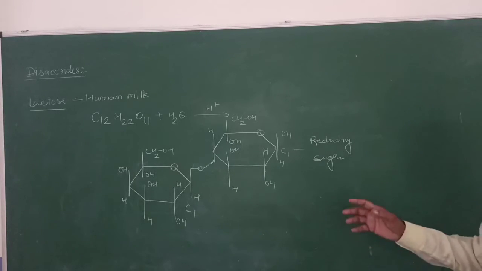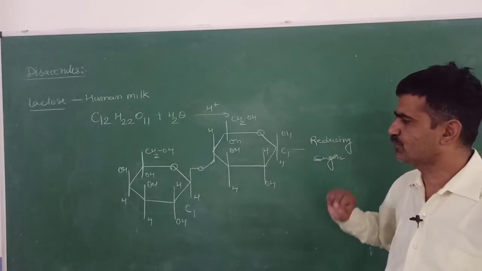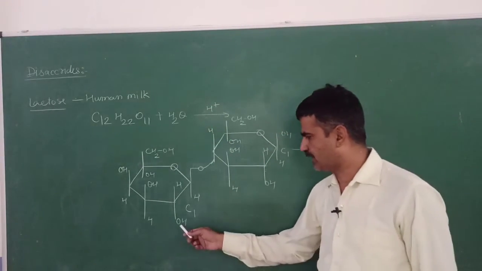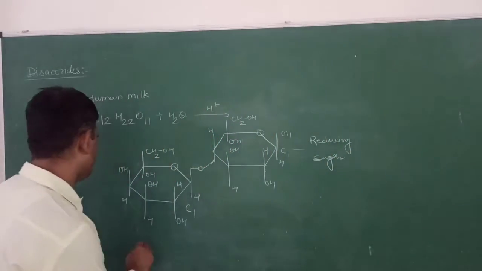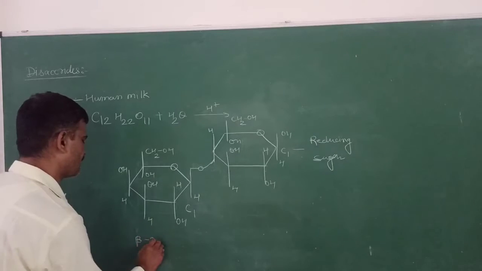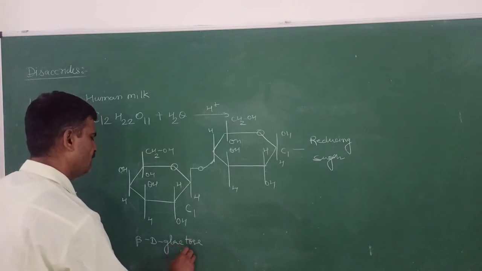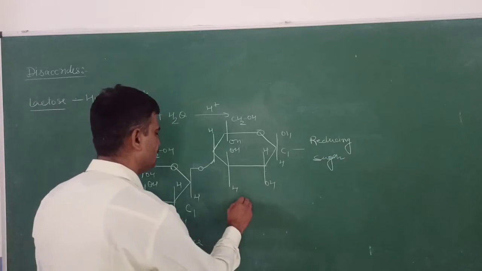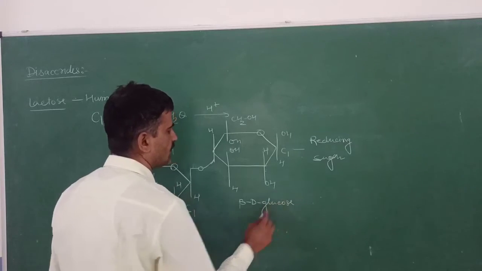The lactose sugar is found in human milk, and it is hydrolyzed to give beta D galactose units and beta D glucose units. This is the beta D galactose unit, and this is beta D glucose unit.